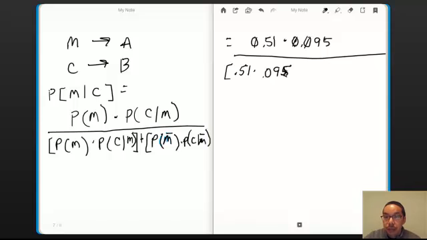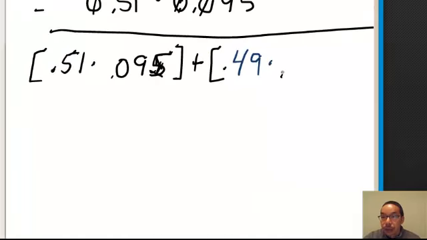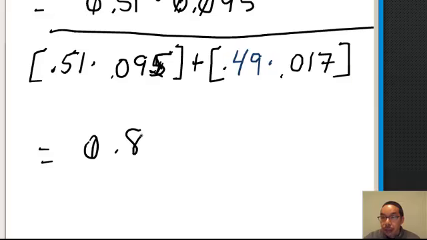This is a 5 right here. All right, and then we are to add that to 0.49 and multiply that times 0.017. You punch that in your calculator correctly and you should get 0.853.